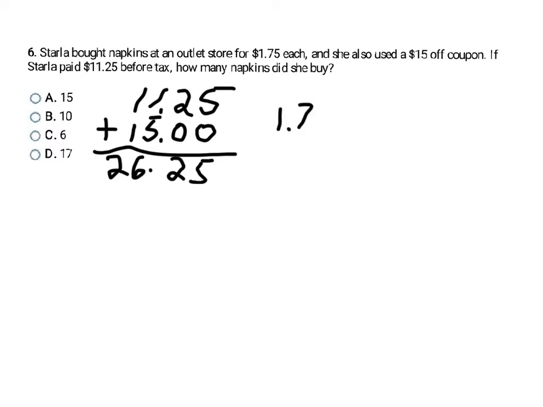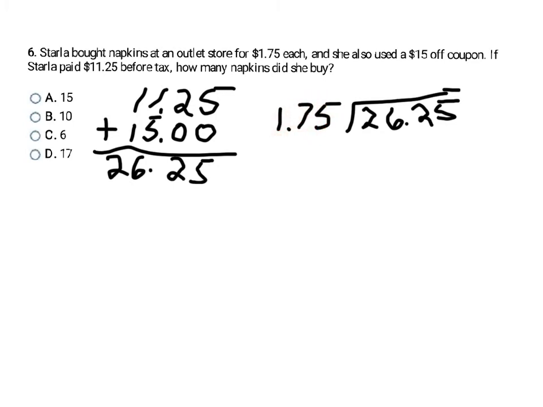And then since each napkin was $1.75, which they better be pretty stellar napkins for that price, we're going to have to divide that original total of $26.25 by $1.75. And remember, when you're dividing by decimals, you need to get this number here to have no decimals in it.